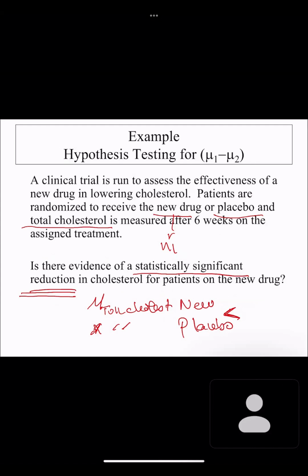If the question is, are the two drugs similar in terms of reducing cholesterol? Then we're not questioning which is better, which is reducing more. So I would say mu of the new is different than mu of the placebo. So it all depends on the research question that you are after.